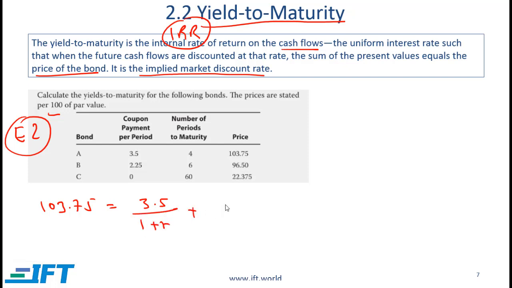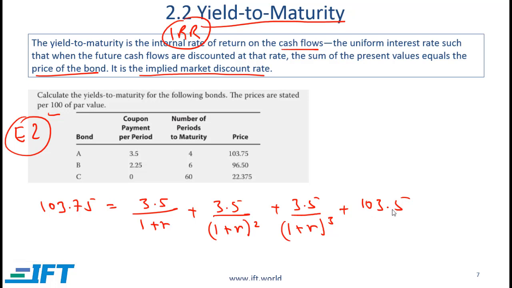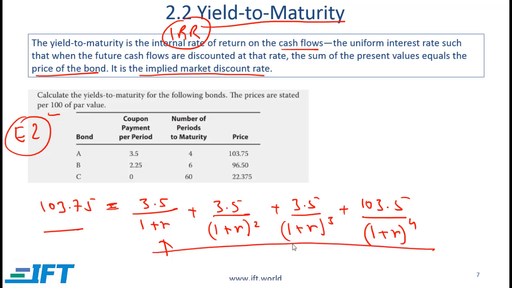Then we will discount the second 3.5 at 1 plus r squared, and then 3.5 over 1 plus r cubed, and then 103.5. This is the final par value plus the coupon discounted at 1 plus r to the power of 4. The rate which makes the left side equal to the right side is the IRR, and again that is just the definition of IRR.